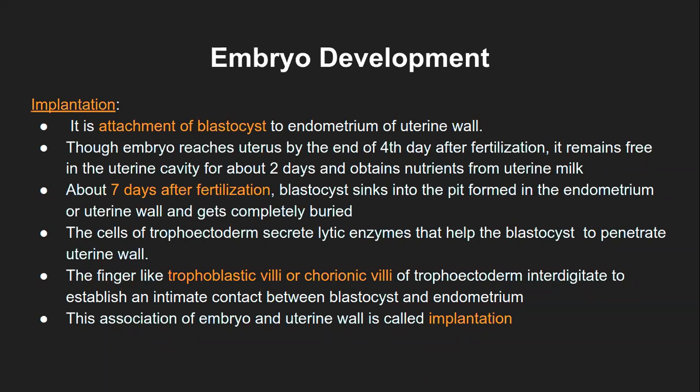Interdigitate means like how you clasp your hands, fixing the fingers in between. That's how those villi-like structures will get stuck with each other, and it will establish an intimate contact between blastocyst and endometrium. And this association of the embryo with the uterine wall is called the implantation stage.